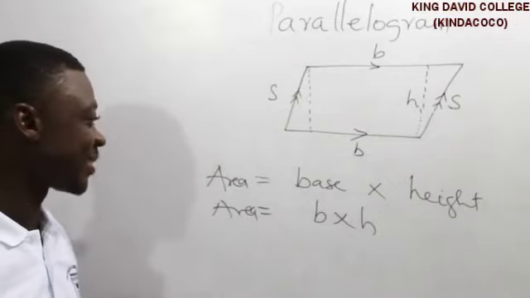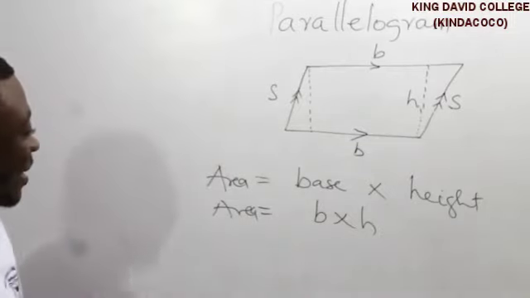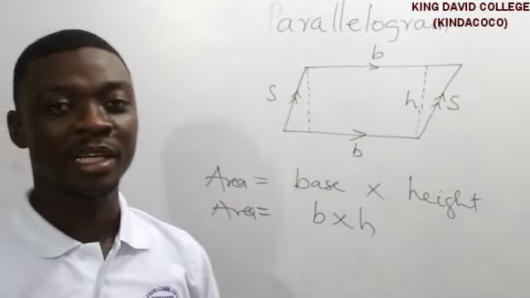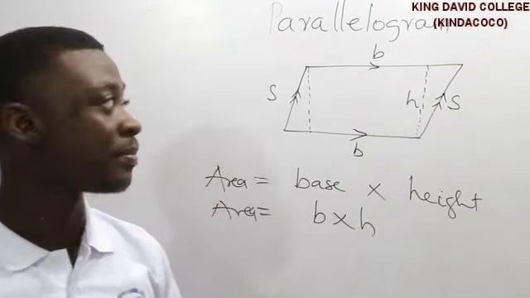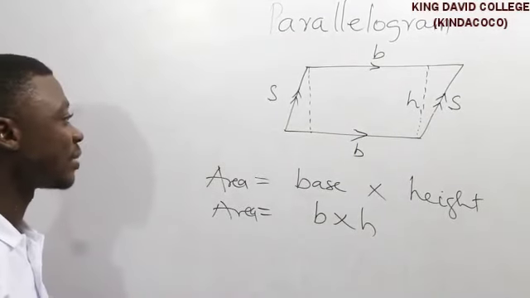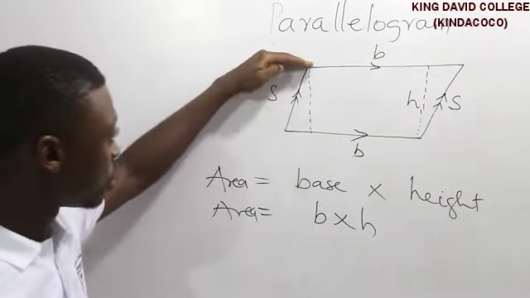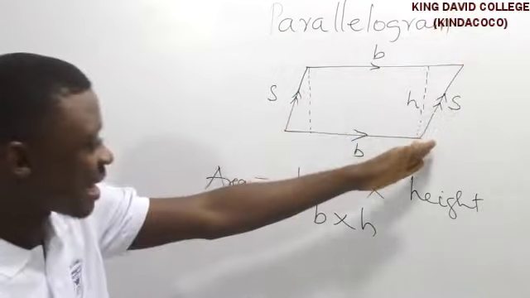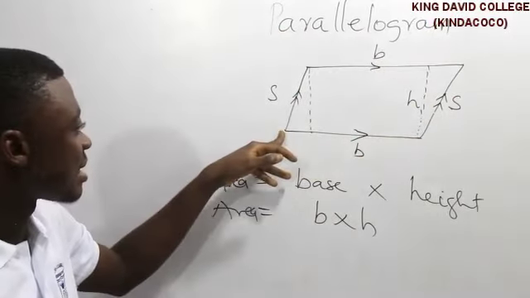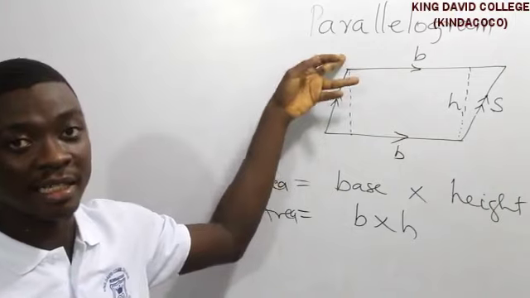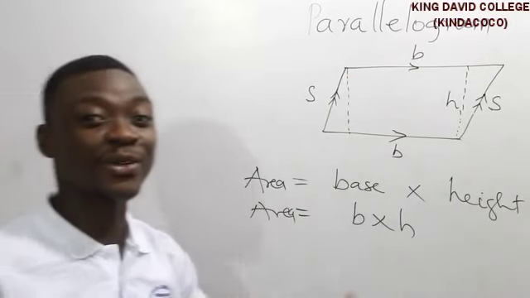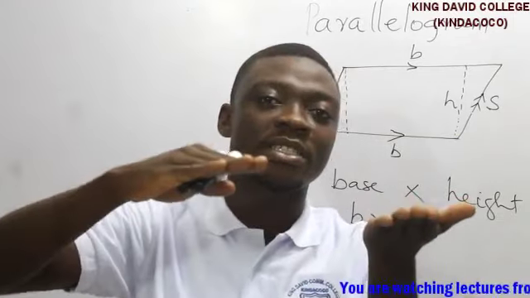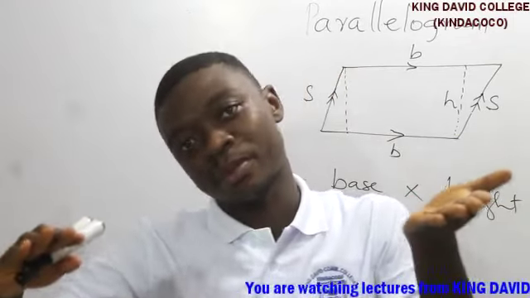Be careful mentioning this word. After you've been able to get your area, the next thing is what? Perimeter, right? Perimeter is as simple as what you see. If you start from here, it's going to be base plus a side plus the second base plus another side, just like we were doing for the rectangle. That's why I'm saying it's a rectangle that has been compressed, so it changes the shape that way.